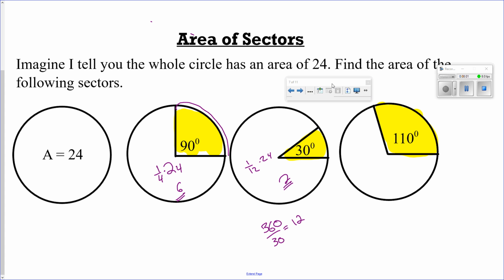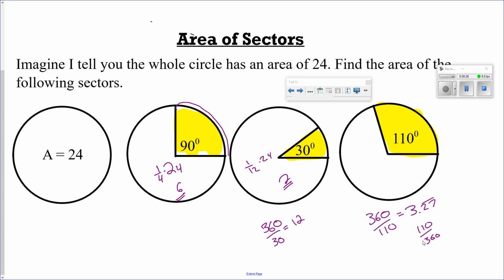110, that's a weird portion. It's not going to work out neatly. So I just take the total, 360 degrees in the circle, divide by the 110. That's going to give us 3.27 repeating. Or sorry, I should have done the other way around: 110 divided by 360.